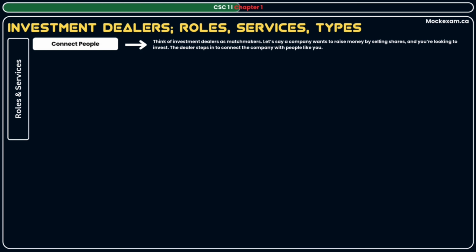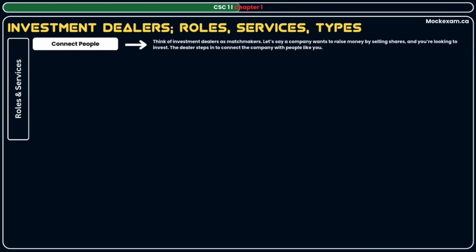Let's say a company wants to raise money by selling shares, and you're looking to invest. The investment dealer steps in to connect the company with people like you. They make the trade happen by either acting as your representative or agent, or buying and selling on their own.